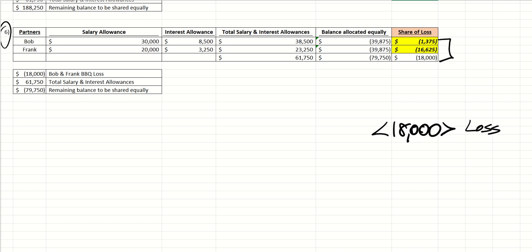Bob is going to take $1,375 as a loss. Frank is going to take $16,625 as a loss. So that's already done, but I want to show you step by step how to get to that answer. I put the loss over here on the far right side. Then in the middle, I'm going to put a section for Bob and a section for Frank.